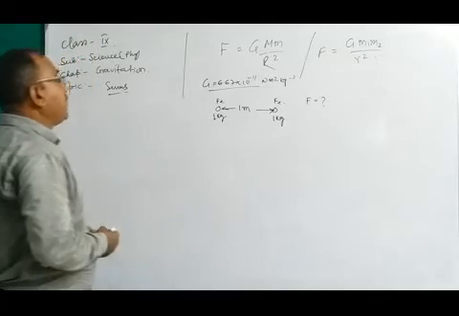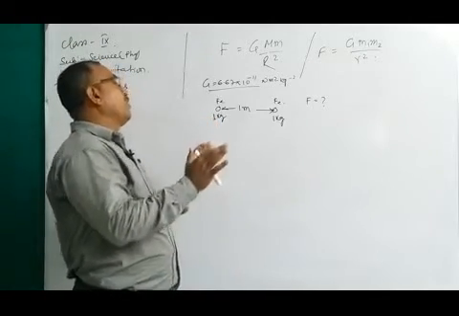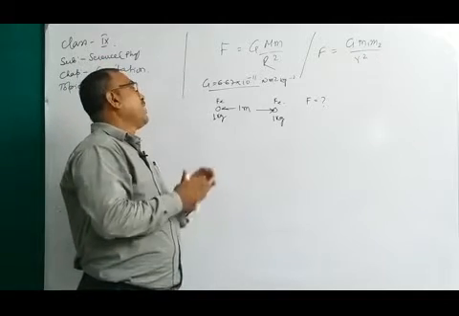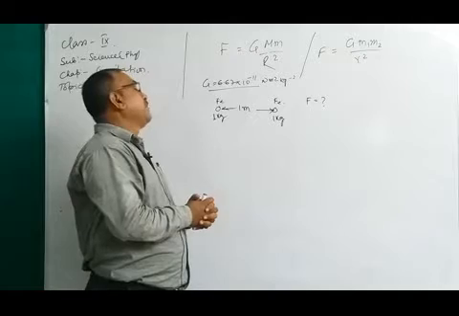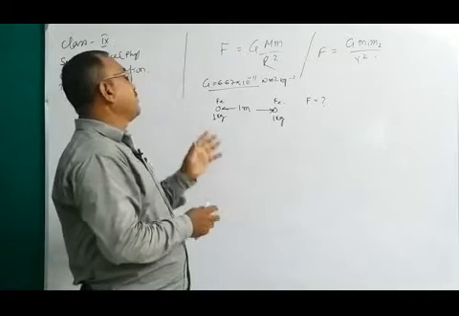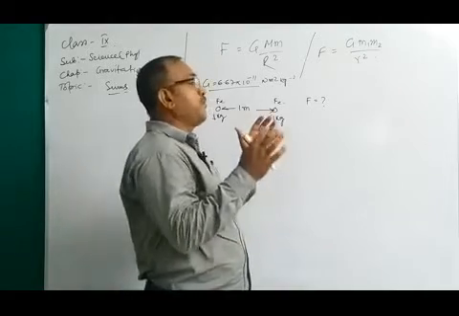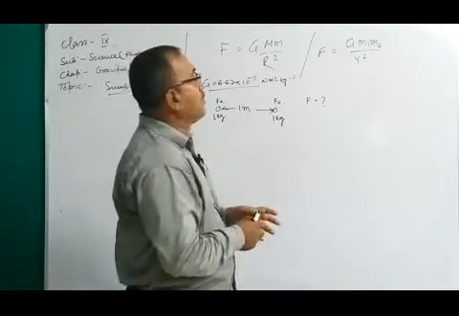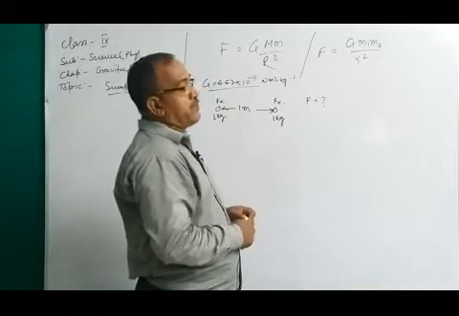Question is clear, my dear student. If you consider two iron balls, they are separated at a distance 1 meter and their masses are same, that is 1 kg. You find out the force of attraction between the two balls when the value of capital G equal to this.